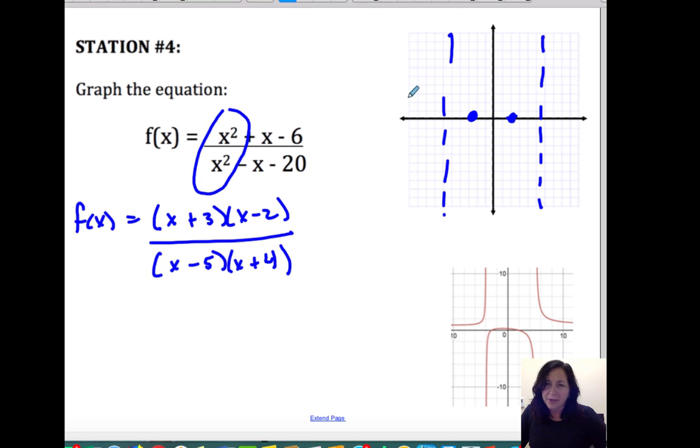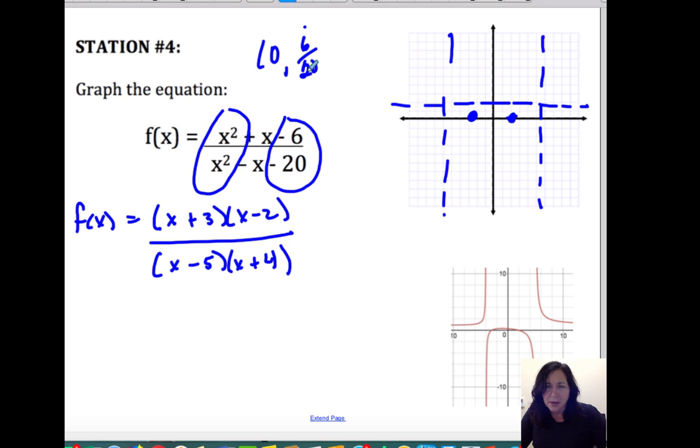So that means I have an asymptote at 1, okay? Also, additionally, I have a point, which is my y-intercept, going to be at 0, 6 over 20, right? Which is going to be divided by 2, which will be 3 over 10.